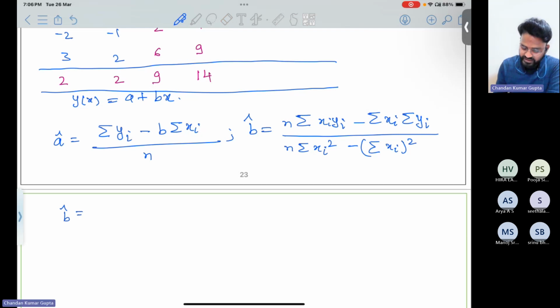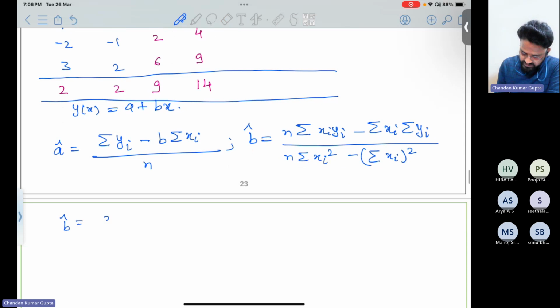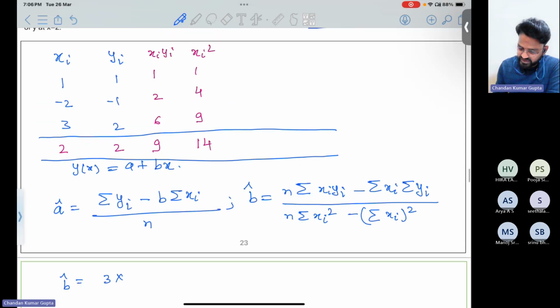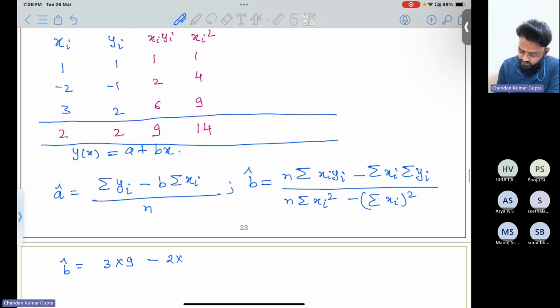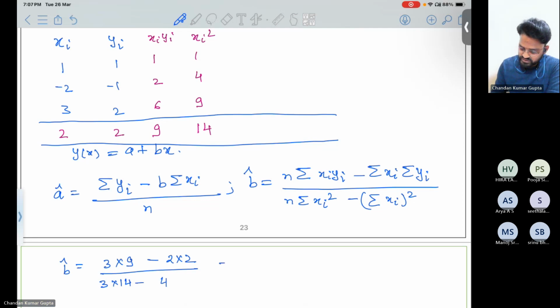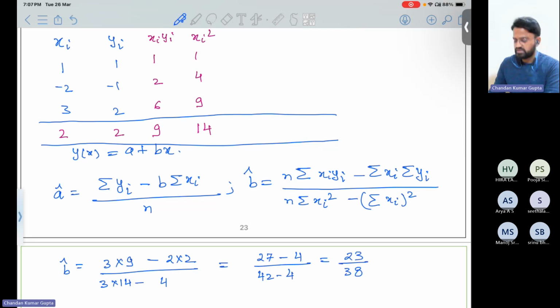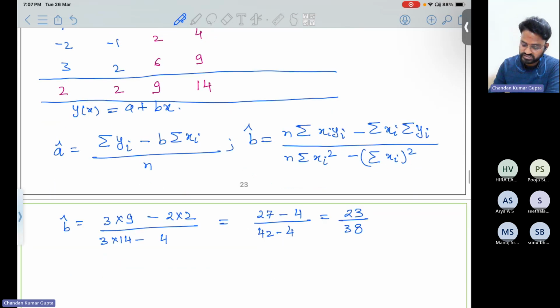B cap equal to n, and here n is given 3, into summation xi yi, which is 9, minus summation xi into summation yi, which is 2 into 2, divided upon 3 times summation xi square, which is 14, minus summation xi whole square, which is 4. It is 27 minus 4 upon 42 minus 4, which is 23 upon 38. So this is the estimated value of B.